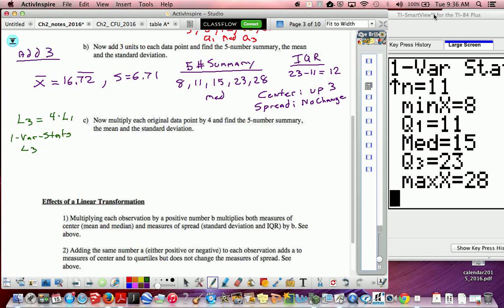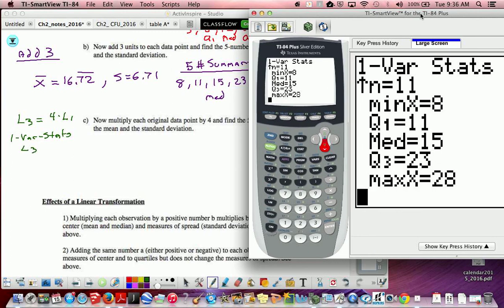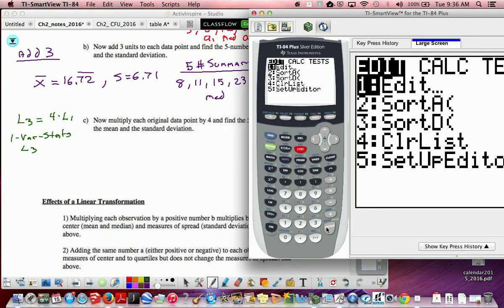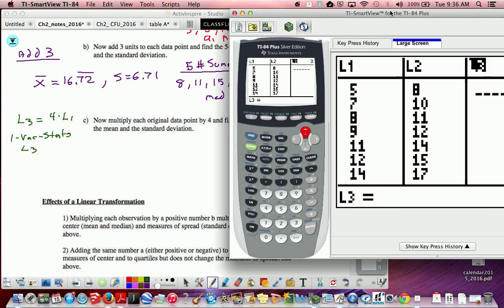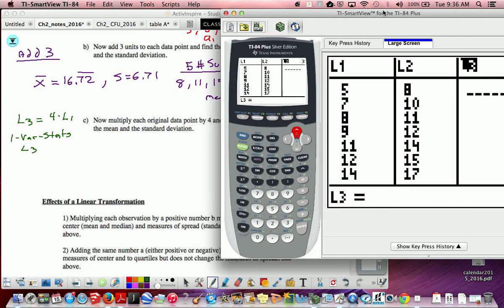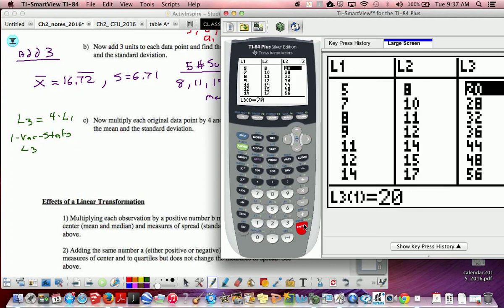If I go back to my calculator real quick, stat to edit, I'm going to highlight list 3. I'm going to let it equal list 1 times 4, or 4 times list 1, doesn't matter with multiplication. 2 times 3 is the same as 3 times 2. I get those values.